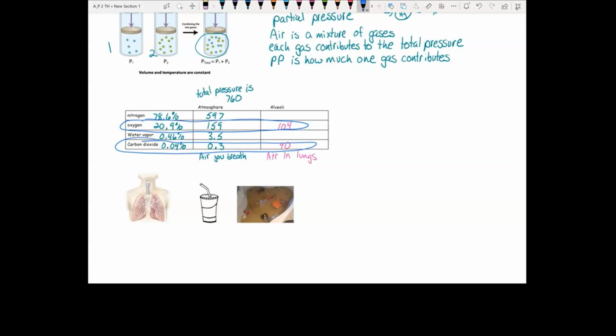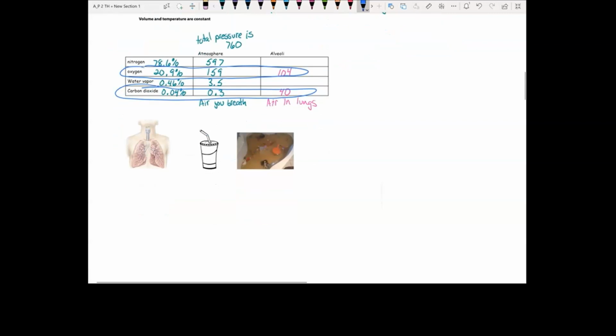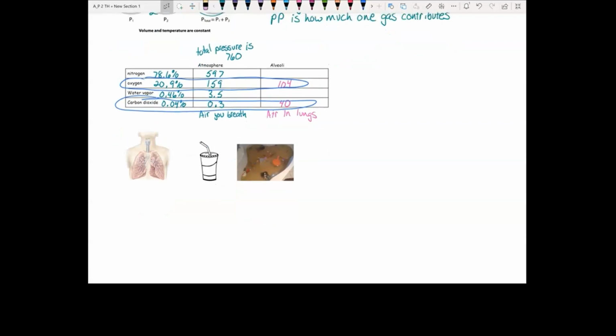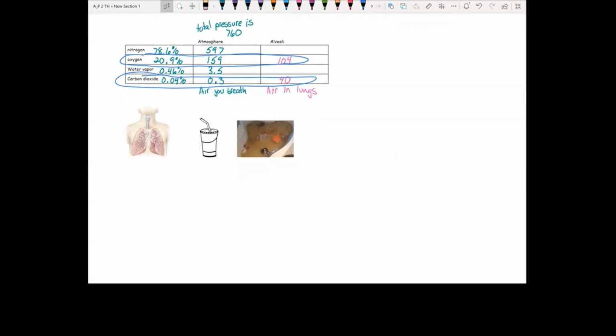You take a breath in. Now that air is in your lungs, and that very same air suddenly changes to 104 and 40. The reason for that is you never completely empty your lungs. When you take a breath in, air comes in and goes all the way down to your alveoli. Then you exhale, and that air starts going back out.